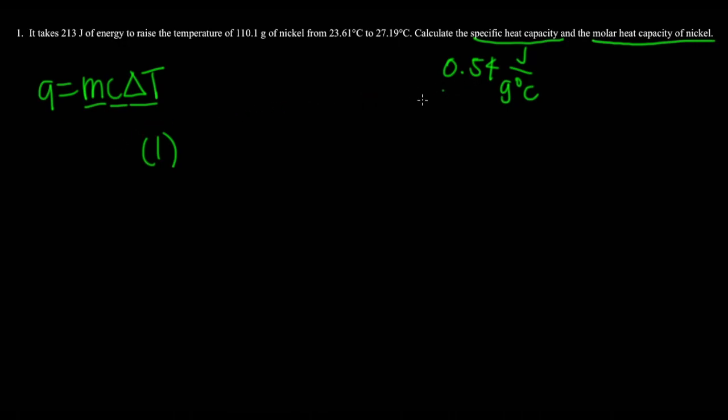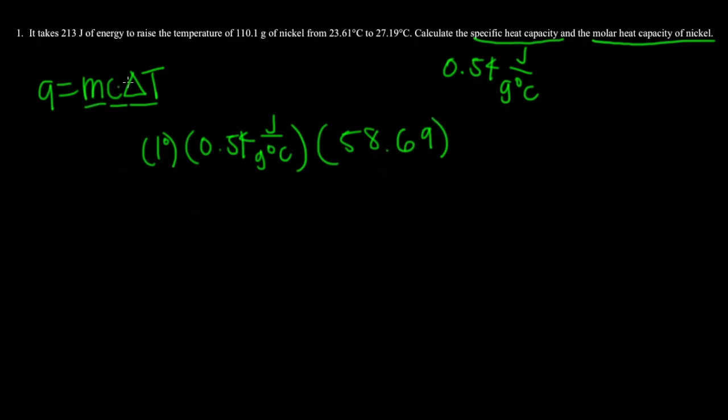And we also know our c from our last problem, which is 0.54 joules over grams degrees Celsius. And we know our m because we know that the molar mass of nickel is 58.69, and you can just get this from a periodic table.